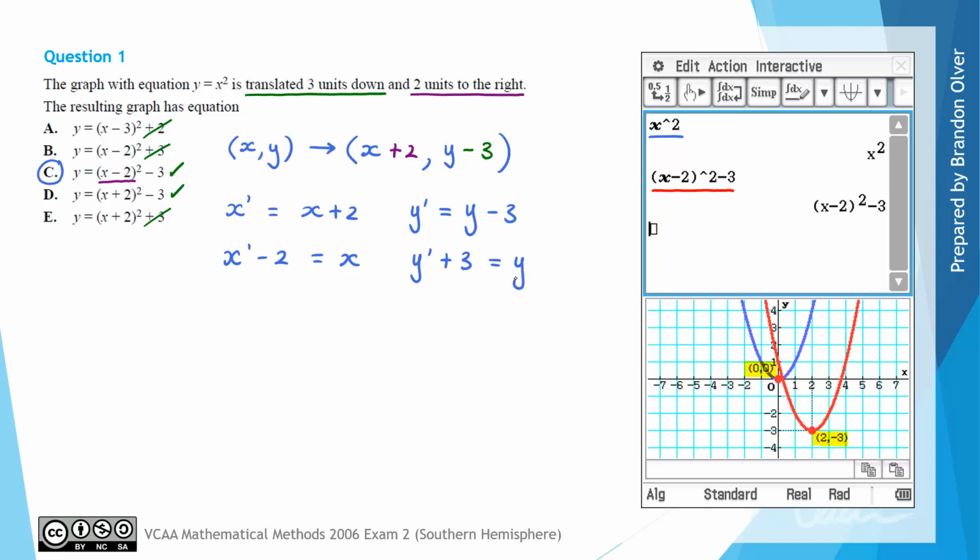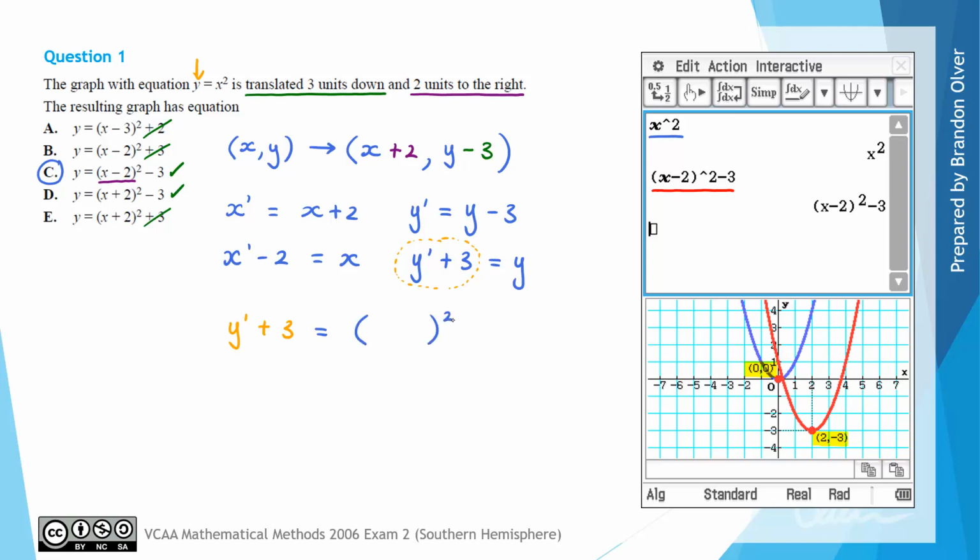Then we substitute these back into the original equation. Where we used to have y, because it's y equals x squared, we replace that with y dash plus 3, and that equals x squared.